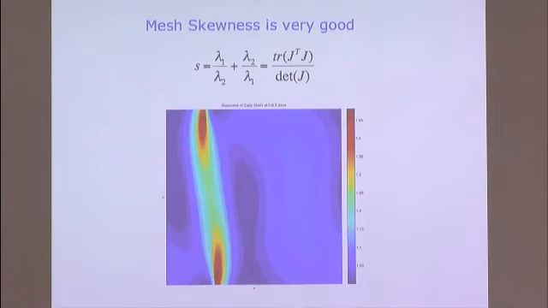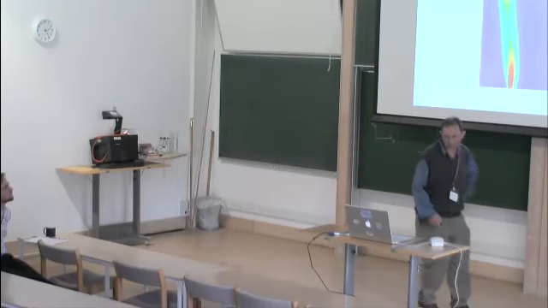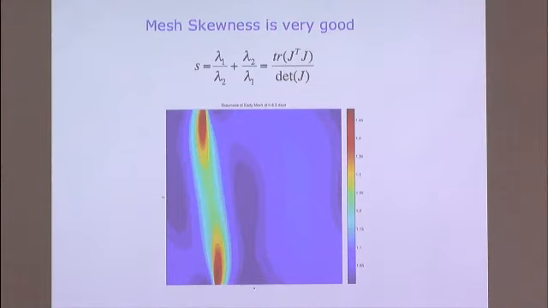And this measure, again, here's my singularity, but the maximum skewness of the mesh is 1.4, which I can live with easily. There are no problems there at all, and it's hardly varying very much from 1. And skewness is again this quantity here, trace J transpose J over det J, something you can actually find provable bounds for in terms of solutions of the underlying Monge-Ampère equation.